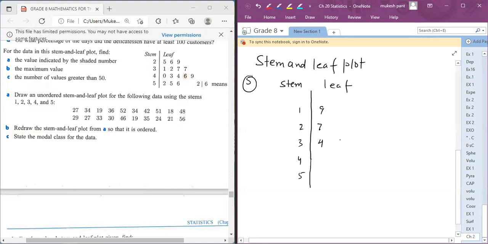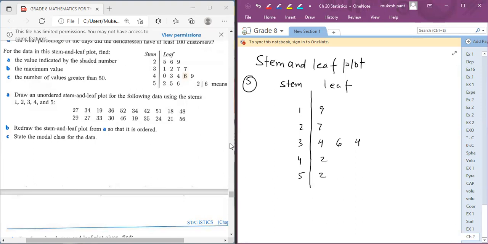Just put enough space between two numbers so that we can separate them. Then 52. Then 34, again stem 3 and 4 is the leaf. Then 42, write 2 in front of 4.